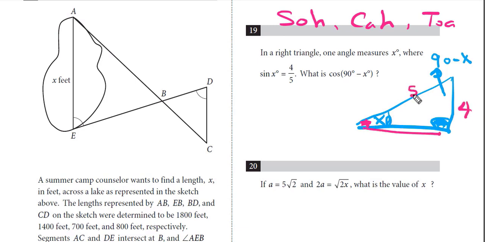You can get the third side by using Pythagorean theorem, and it will be 3. Then what about cosine of this angle? Adjacent over hypotenuse, then 4/5 itself. Okay?